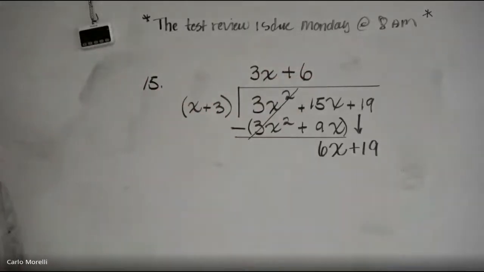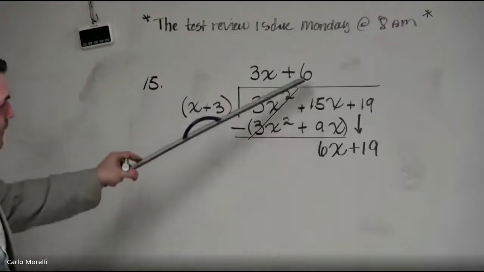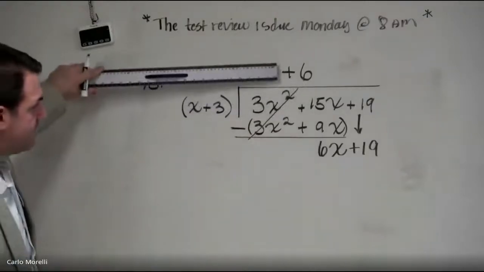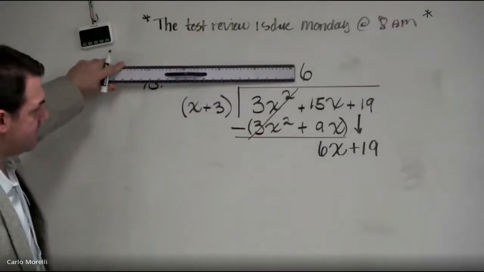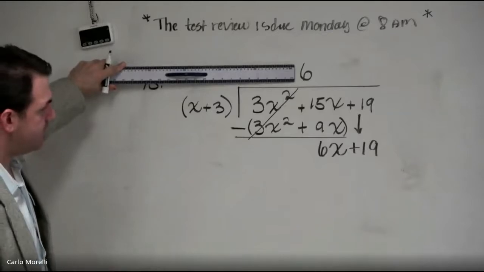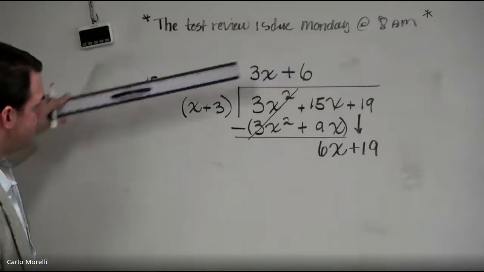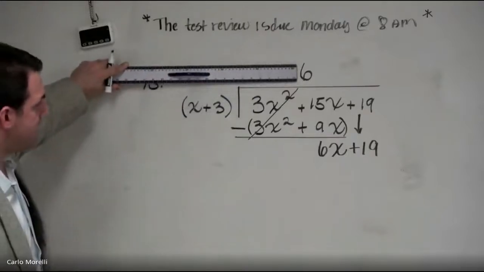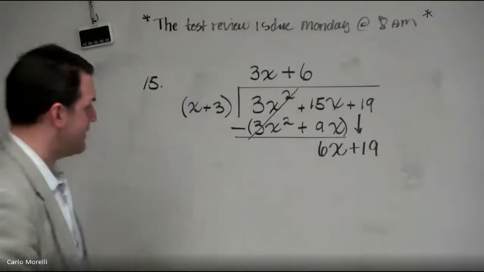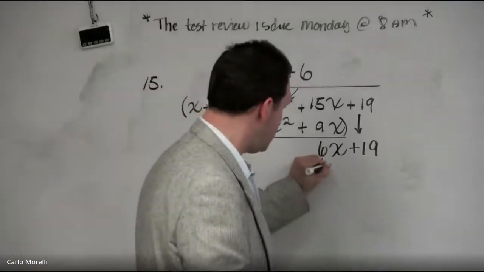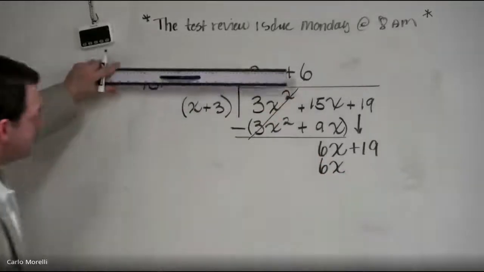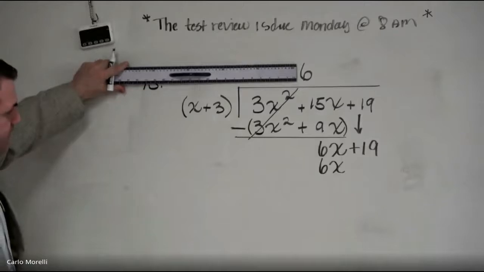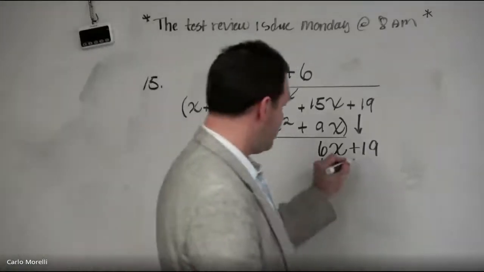You're just overthinking it, that's all. Now multiply, forget about the 3x. Just multiply the 6 through this using distributive property. What is 6 times x? 6x. Remember, these should match up always. And then what is 6 times 3? 18. So plus 18.